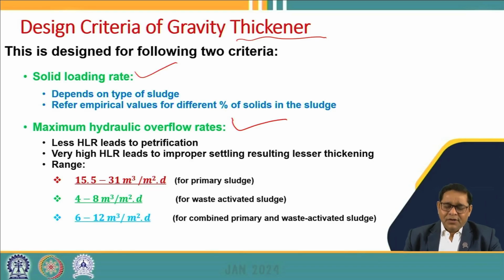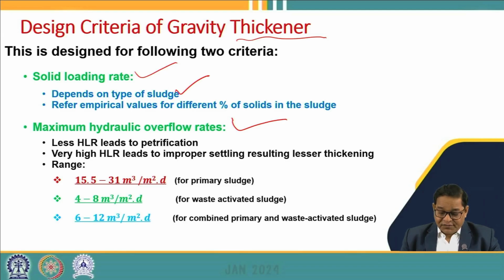This solid loading rate depends upon different types of sludge, the nature of the sludge, whether the sludge is stabilized sludge, digested sludge, raw sludge, sludge generated from the activated sludge process, from the primary sedimentation process, or chemical sludge. Depending upon the type of sludge, different solid loading rates have already been arrived at for better settling.